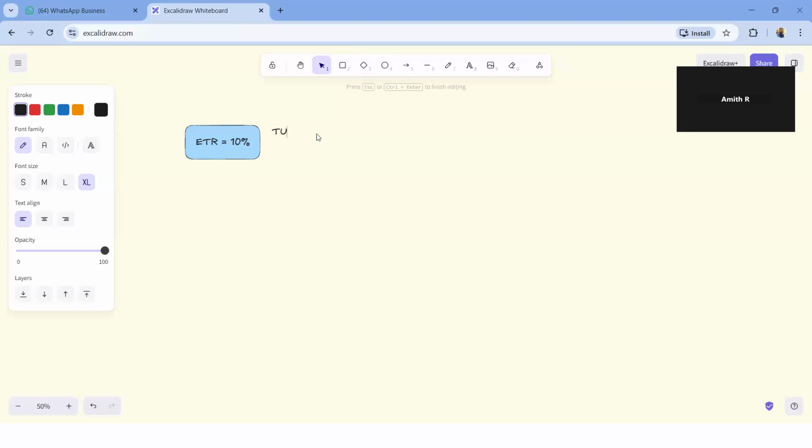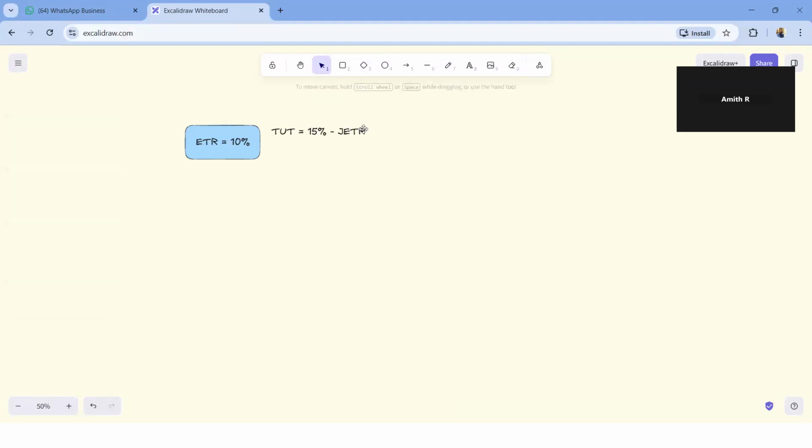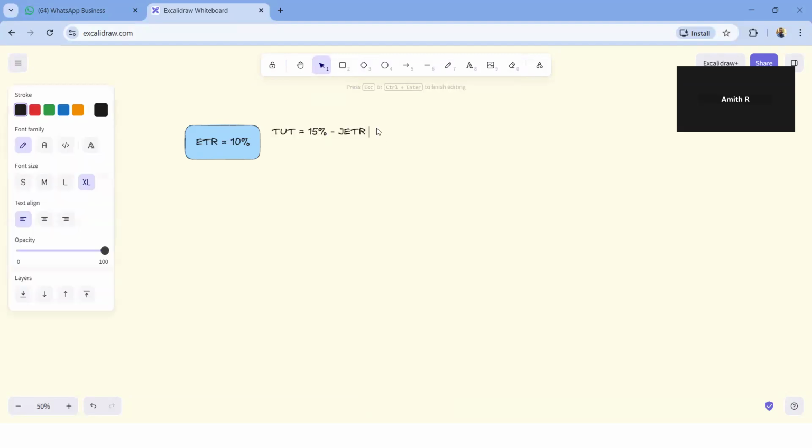First I will find the top-up tax percentage. It is nothing but 15% minus your jurisdictional ETR, the JETR, and that would be 5% in this example. Correct.